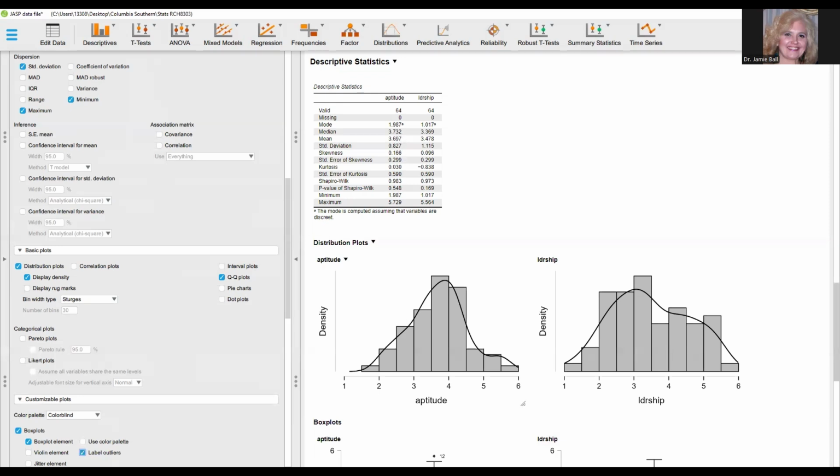And if you think back to my variance video, I had said that when the median was higher than the mean, we could have a slight positive skew. I'm sorry, when the median is higher than the mean, it's a slight negative skew. Excuse me.